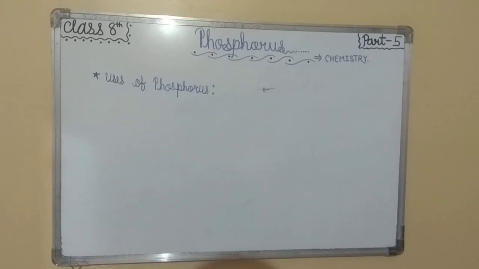First is zinc phosphide, Zn3P2. That is used in rat poison.